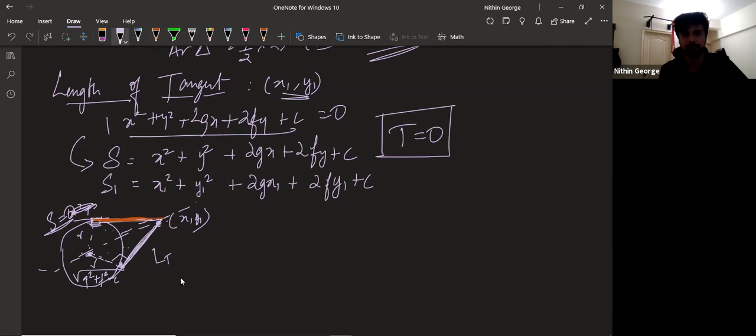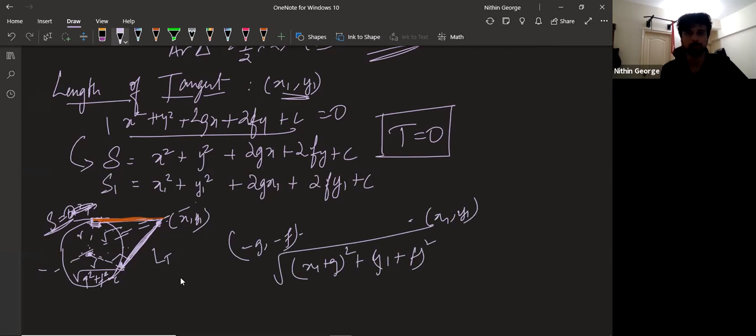We have to find this length of the tangent, but we have a right triangle here. What is this length? The center is minus g comma minus f, and that point is x1 comma y1. So that length will be x1 plus g the whole square plus y1 plus f the whole square under the root. So we get this length here.